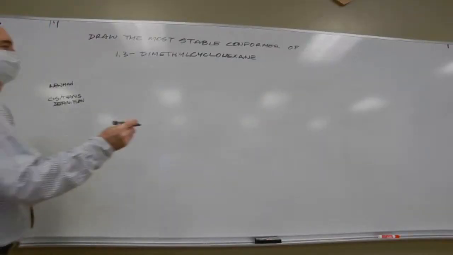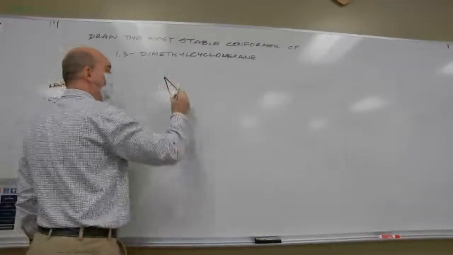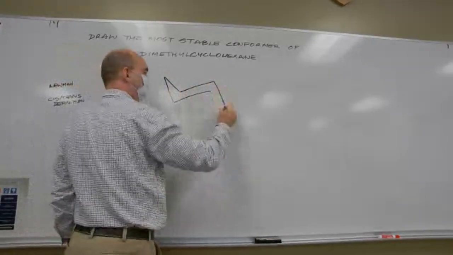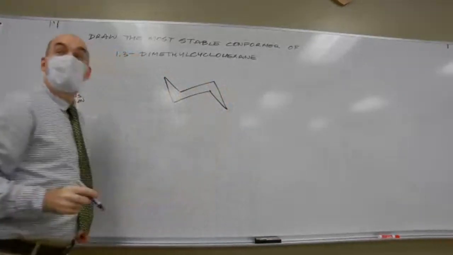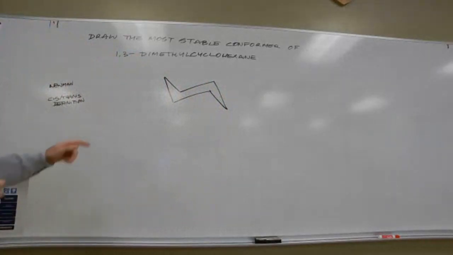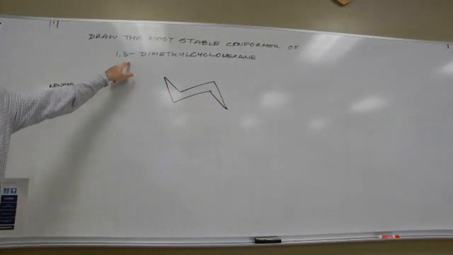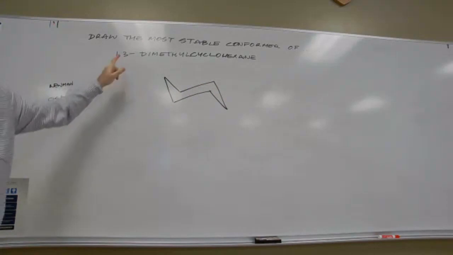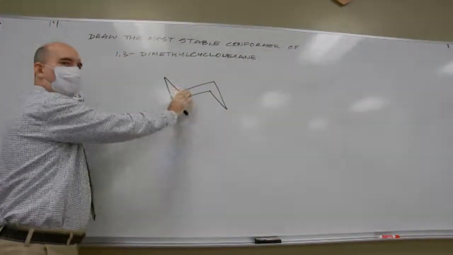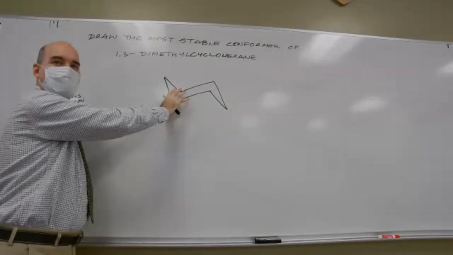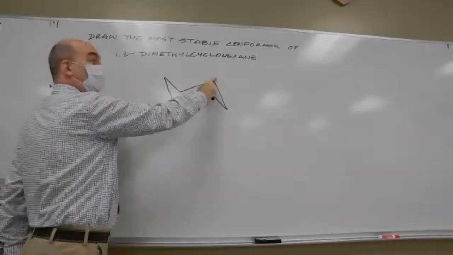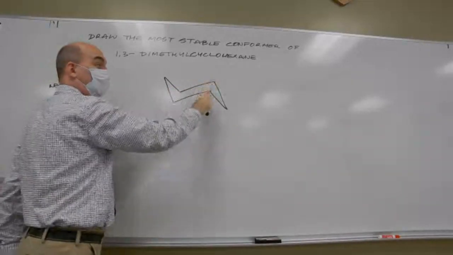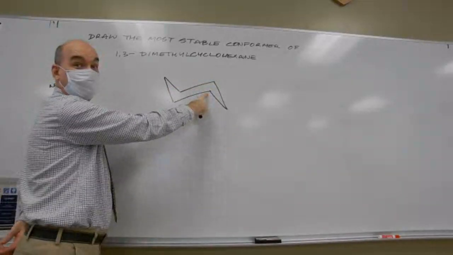Now let's look at the real answer. It's a chair. I have to pick position number 1 and position number 3. And I need to do it so that I don't pick anything at the back right here. Putting a substituent here and here.